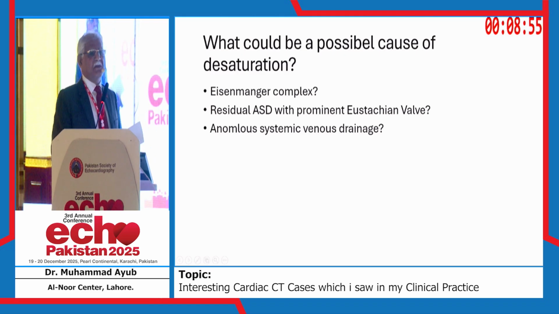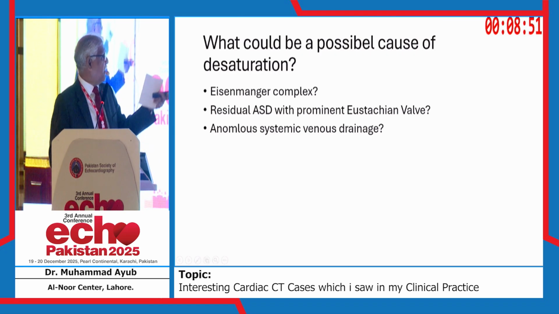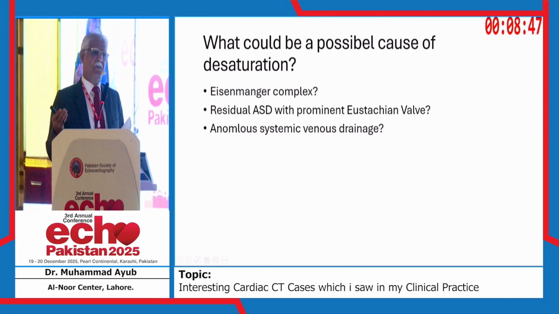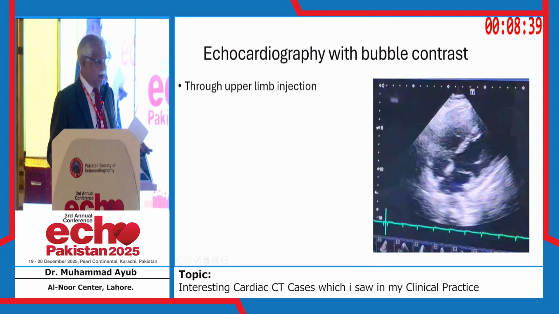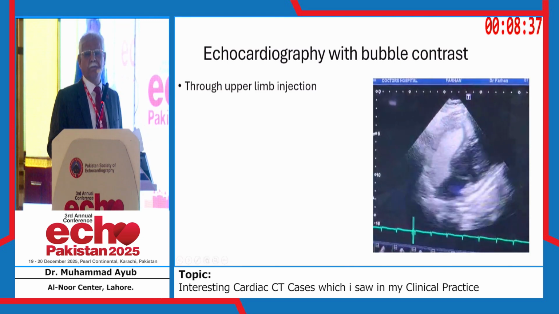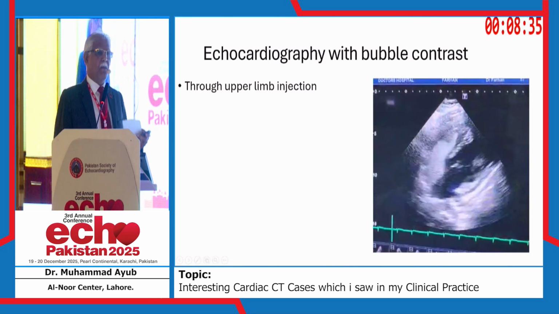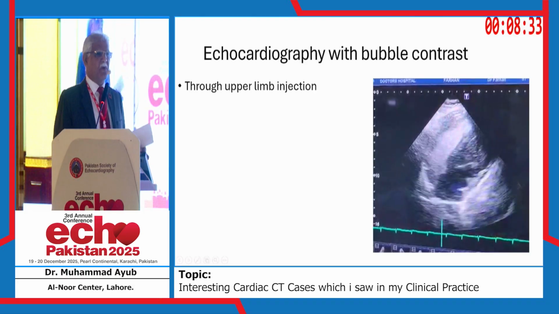Second possibility is that there may be some residual ASD with a prominent eustachian valve which directs the blood from the IVC to the left atrium rather than the right atrium. Or sometimes there are anomalous venous drainage, systemic venous drainage.